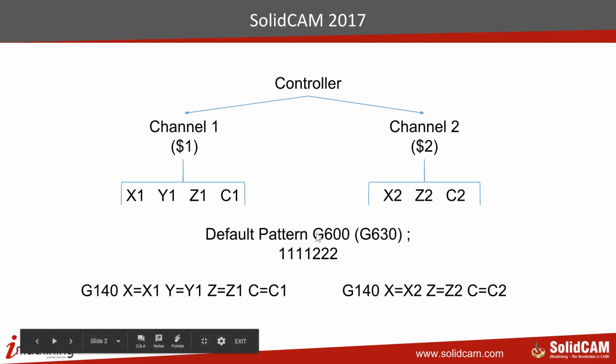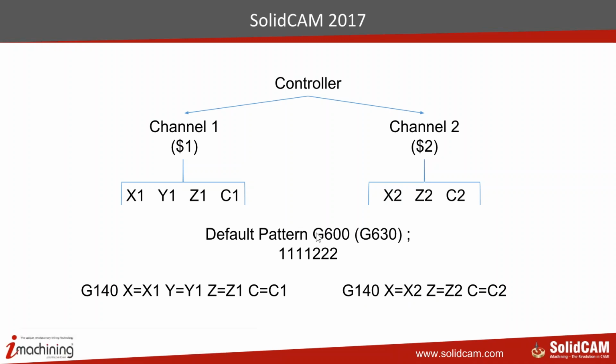We have an automatic mode on the machine defined by machine builders. Depending on the machine brand, you will get different G codes, G600, G700, and so on, G800. Each controller with each machine brand has its own patterns.